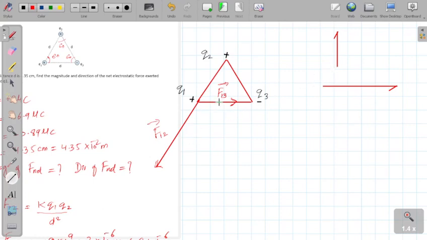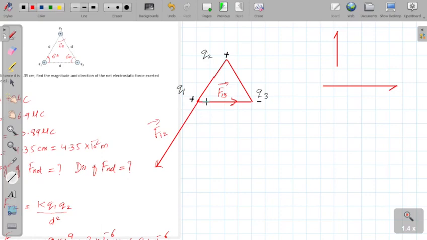So F13 is acting along the positive x-axis, and there is no need to resolve it. We have to resolve only F12, which is acting at some angle with respect to the x-axis and y-axis.